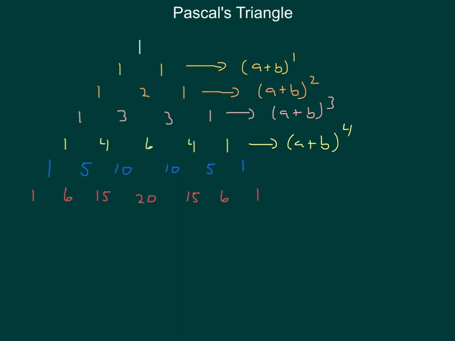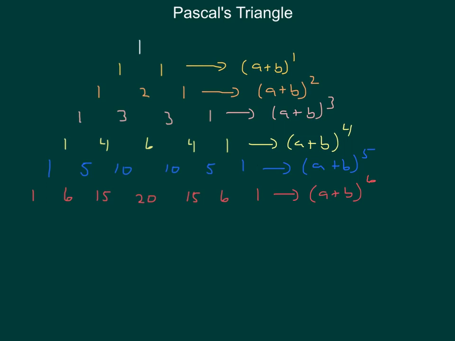The next row happens to be the binomial coefficients of a plus b to the 5th power, and the last row that I have there would also be the coefficients for a plus b to the 6th power. So this gives me a way to write out that expansion without necessarily having to use the binomial theorem. We can just use Pascal's Triangle to assist us in writing out the expansion.